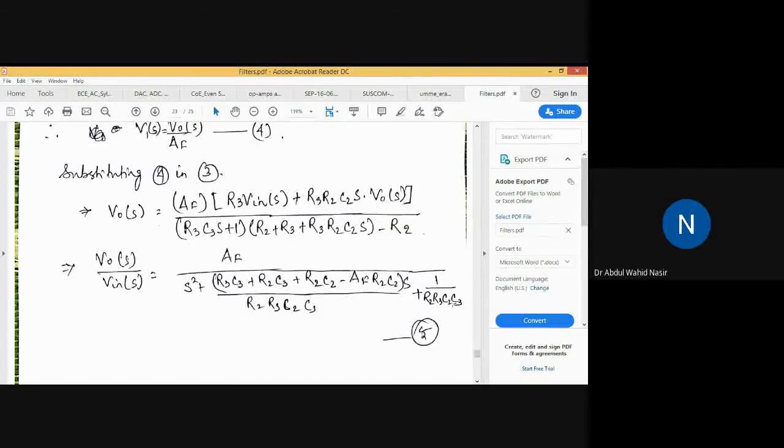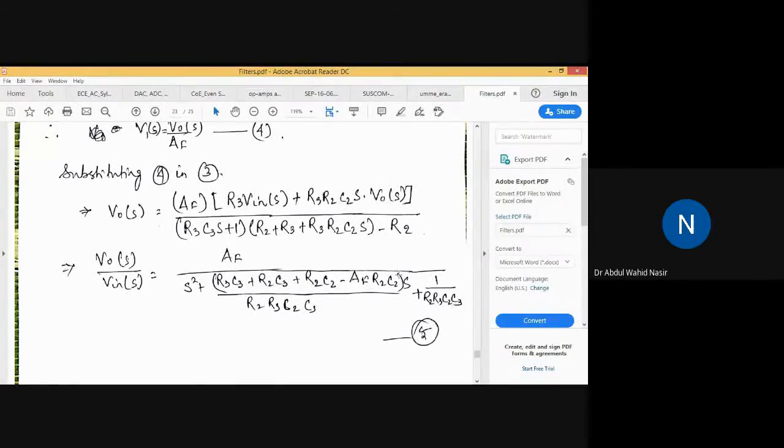Now, equation number 5 is of utmost importance. The order of S in the denominator is S square, so the relation between V naught and V in is of the second order type. That is why it is also known as second order low pass Butterworth filter.